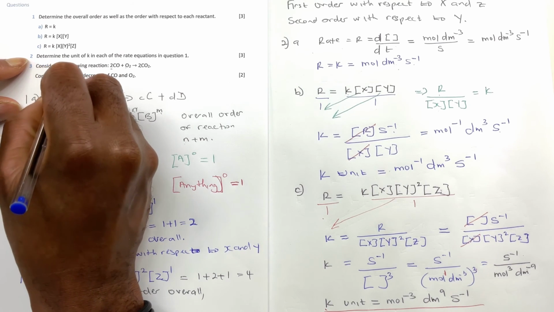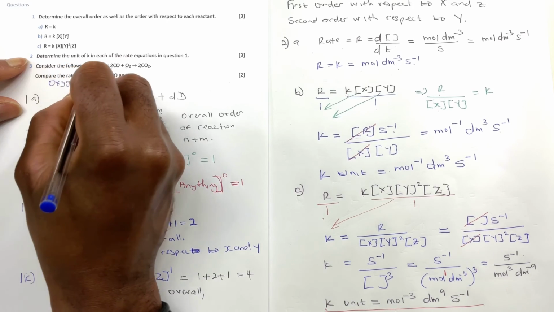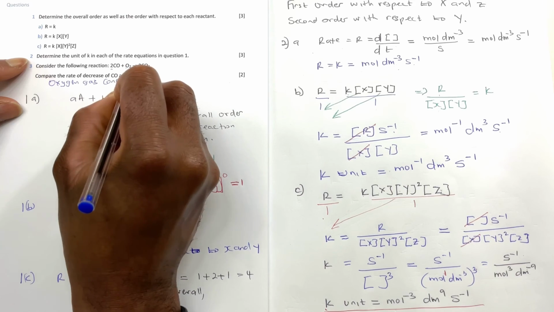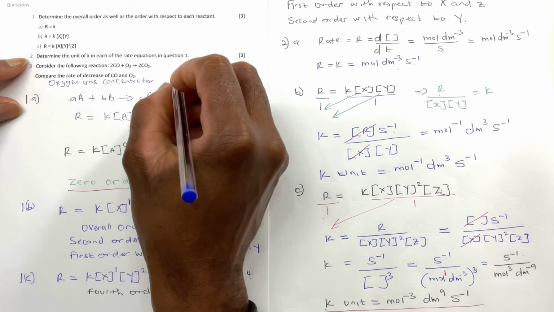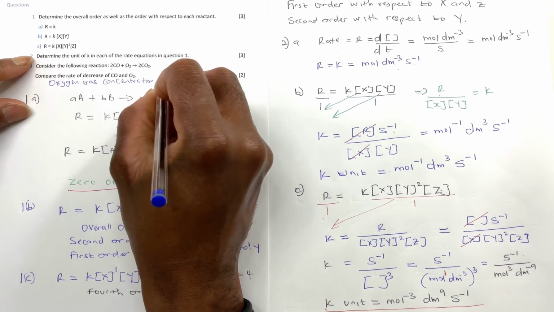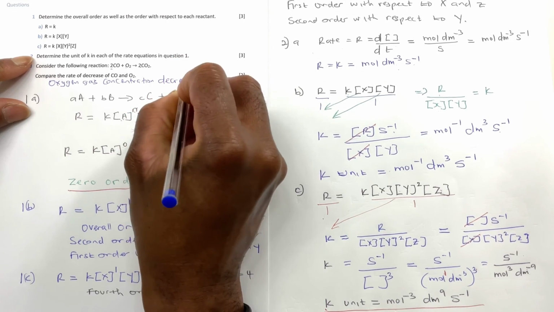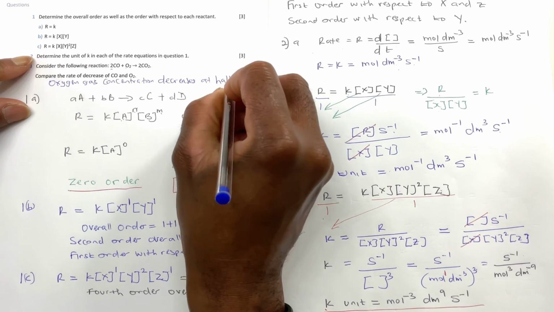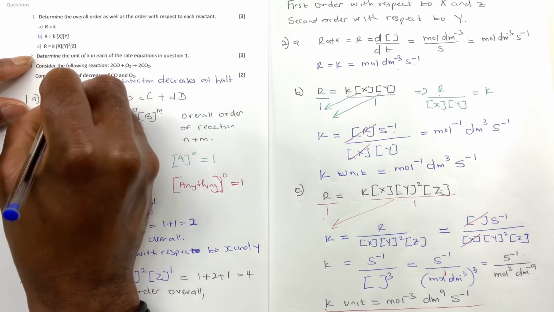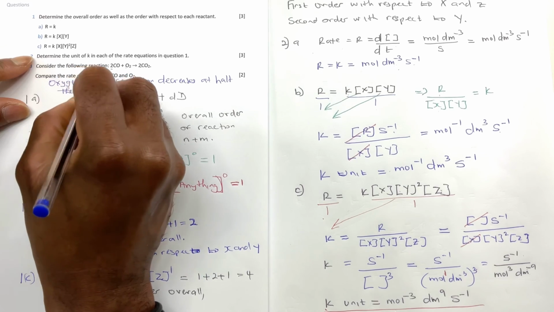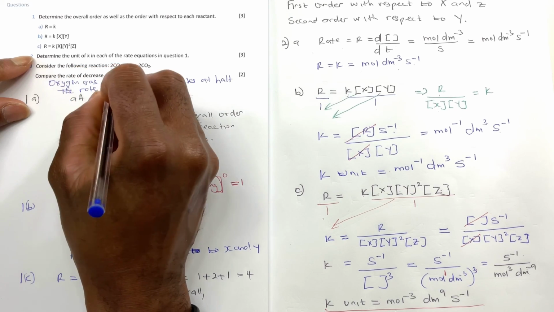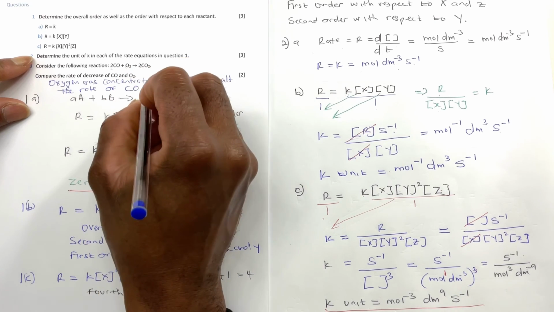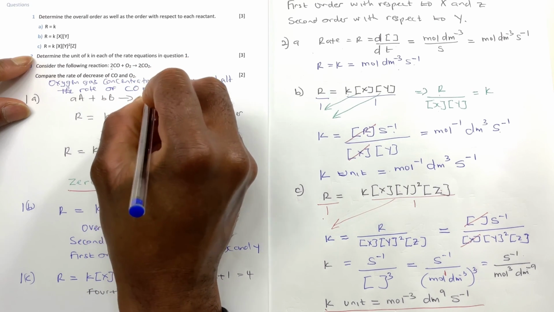Or you might say that the oxygen gas concentration decreases at half the rate of CO, carbon monoxide, rate.